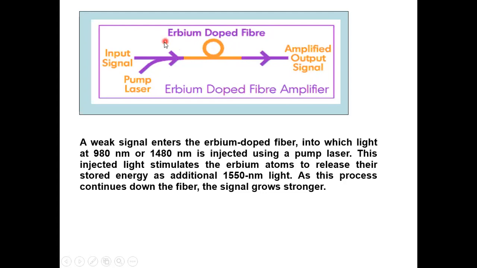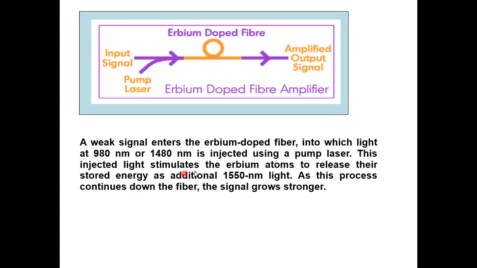So here you can see in this fiber only, the erbium dope, I don't have a separate structure for it. I just dope that patch of fiber with erbium. So a weak signal enters the erbium doped fiber, into which light at 980 nanometer or 1480 nanometer is injected using a pump laser.